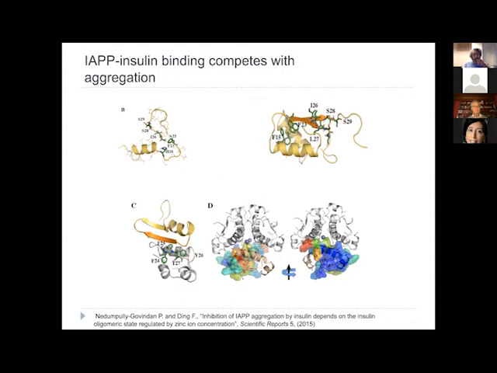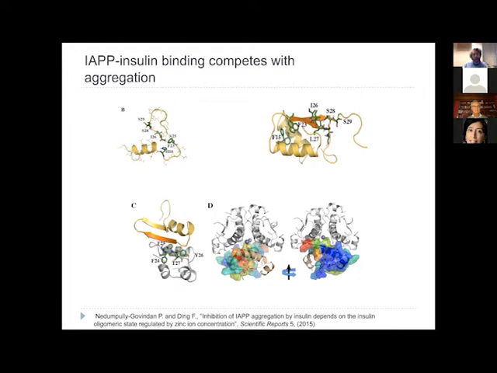When we simulated binding with the insulin monomer, we found that the B chain of the insulin monomer forms a beta sheet-like structure with the amyloidogenic region of amylin.